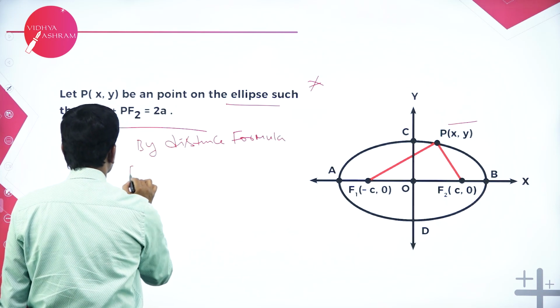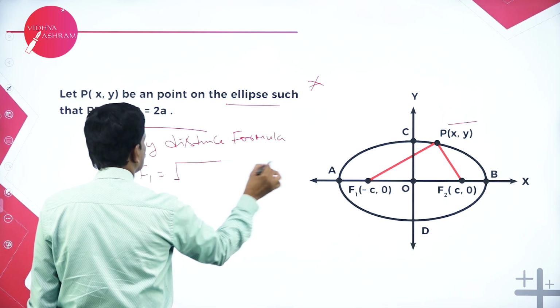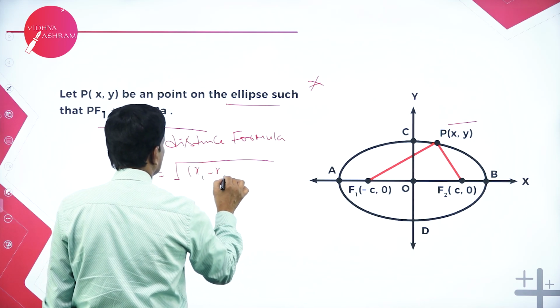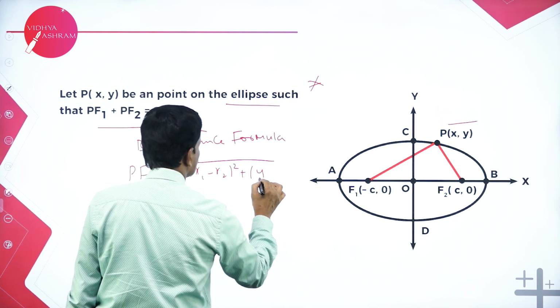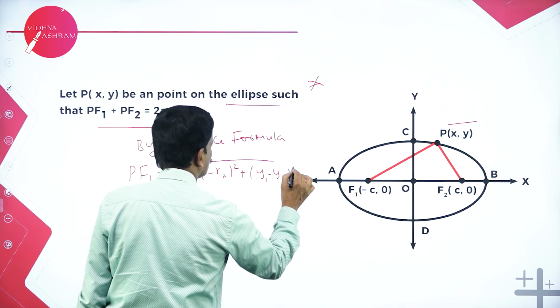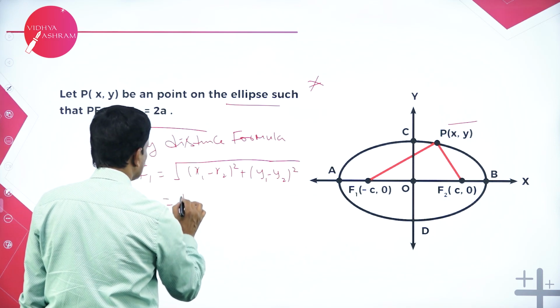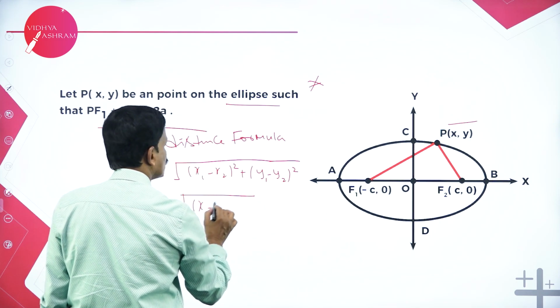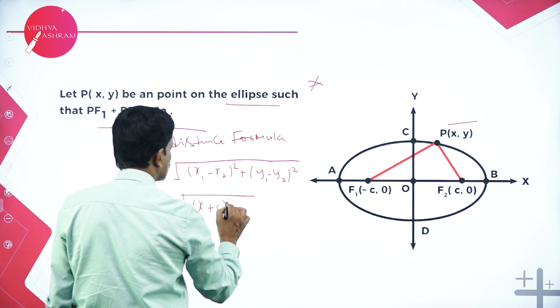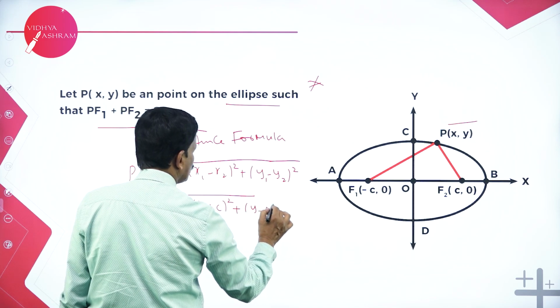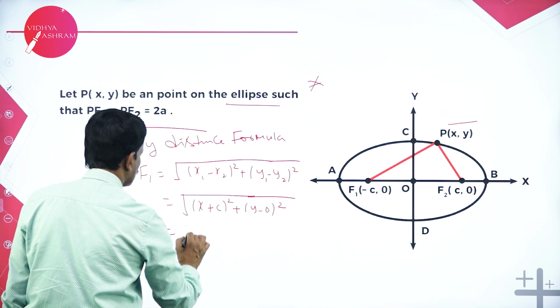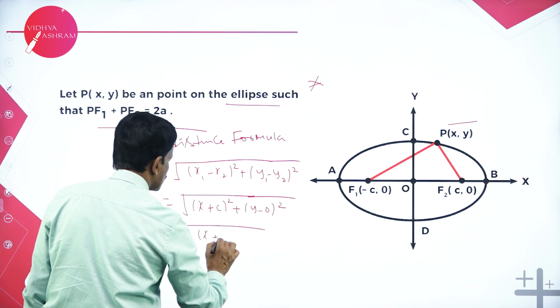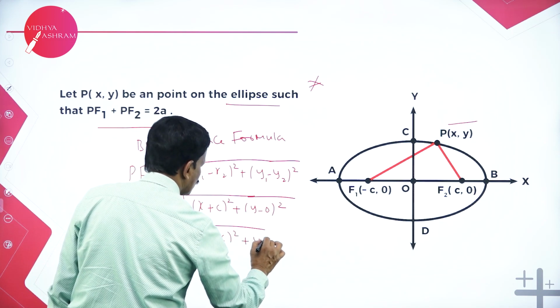Now what is PF1? PF1 is equal to the root of, what is the formula, (x1 minus x2) whole square plus (y1 minus y2) whole square. So with point P as (x1, y1), x minus of minus is plus, so (x plus c) whole square plus (y minus 0) whole square, that's equal to root of (x plus c) whole square plus y square.